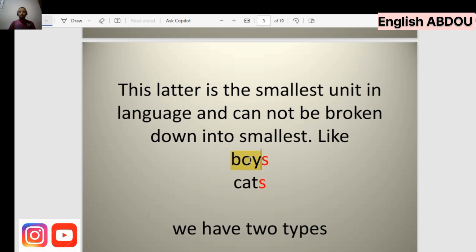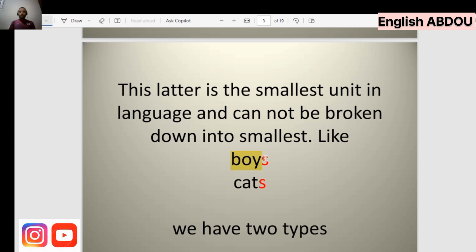So here, boy itself is a morpheme and it conveys meaning, and we cannot divide it anymore. While s doesn't stand alone, and it cannot stand alone, because s is just a letter.